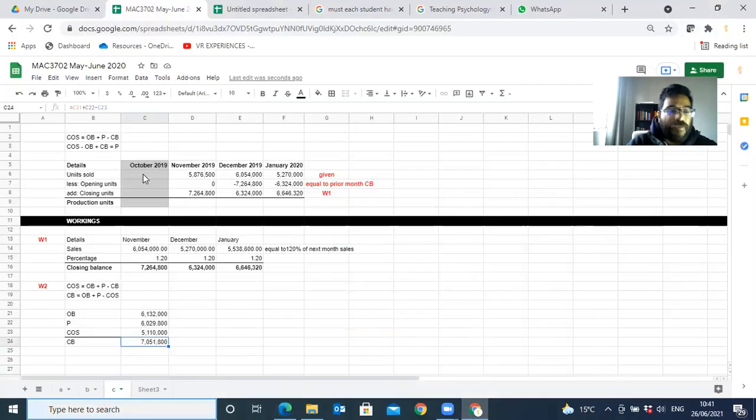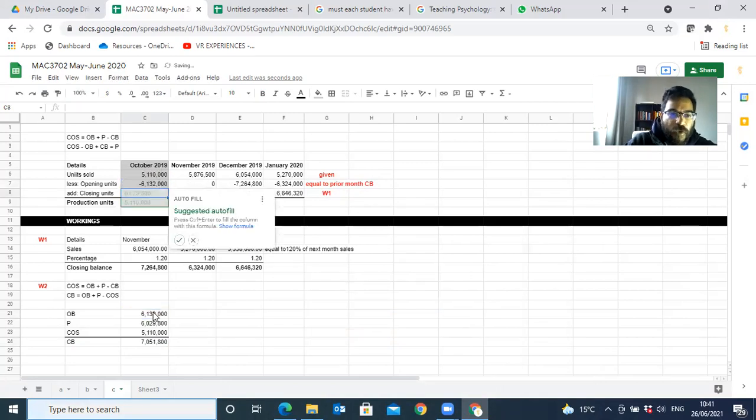So what I'm just doing, I just want to check if we get to the same answer. Because if we get to a different answer, then I want to tell you which answer you need to choose. So this is just some stuff you need to be aware of. Remember, in October, the actual units sold is 510123. The opening units of October would have just basically equaled the negative of this. It's the same thing of September. Remember, opening inventory is last month's closing inventory.